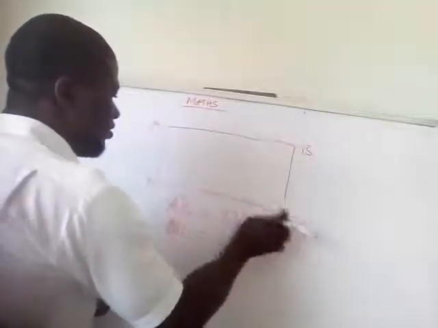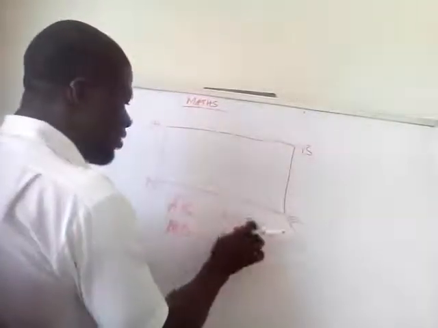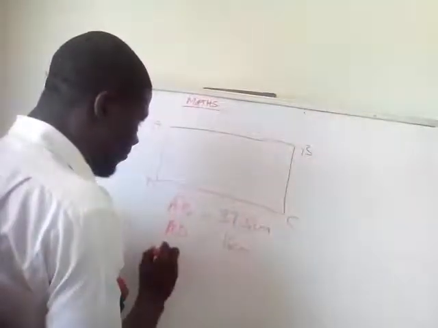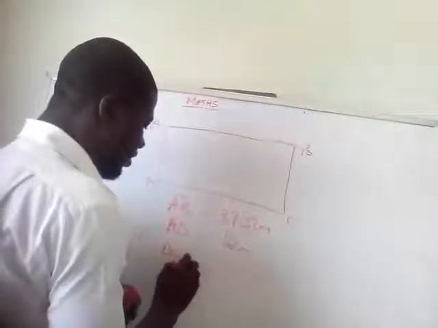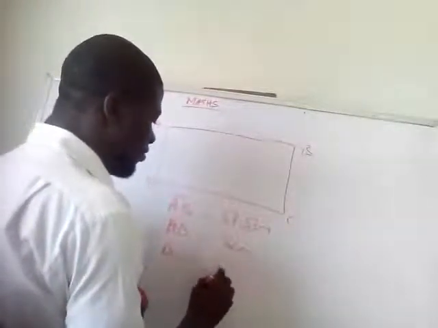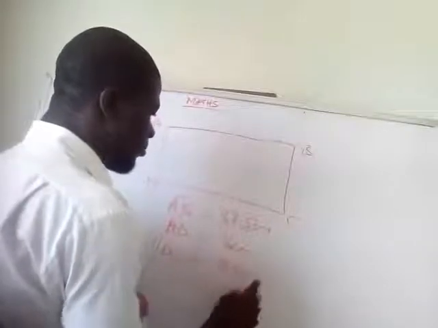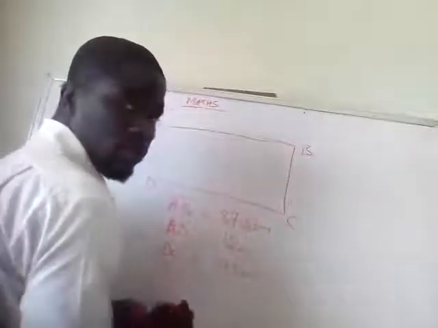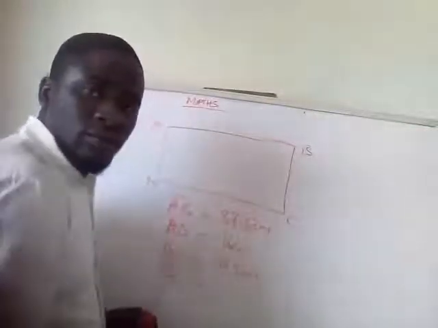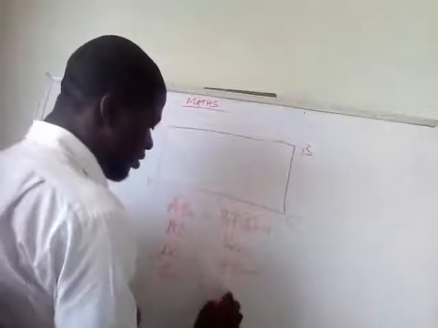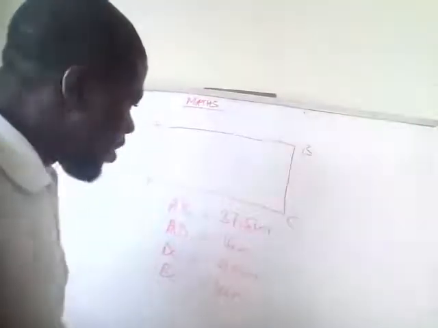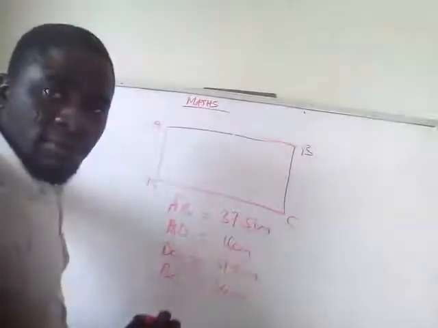Like I told you, DC also will be the same distance as AB. So line DC is 37.5 cm, and BC will give me 16 cm.